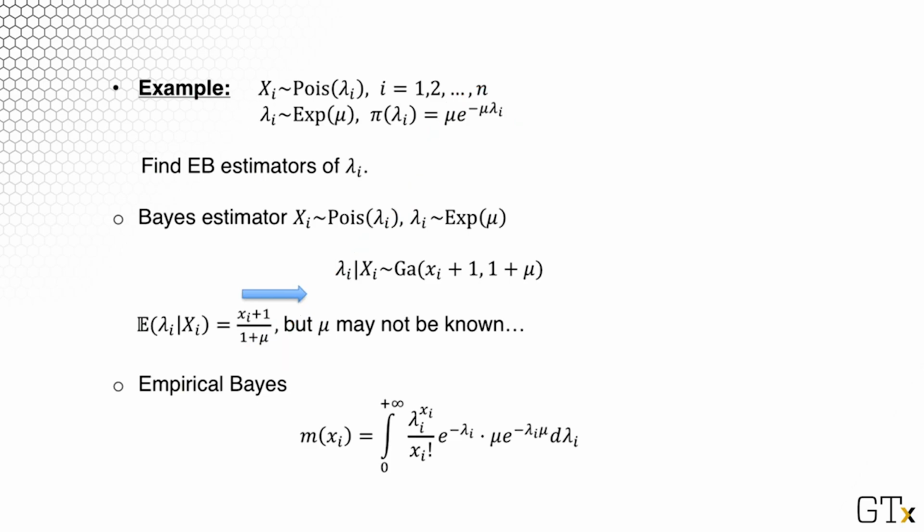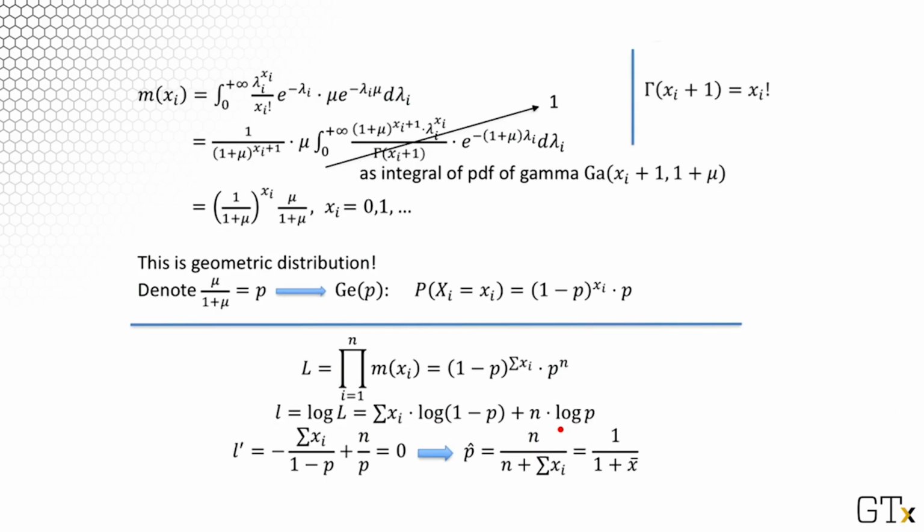The marginal in this case is the usual likelihood times prior, integrated with respect to lambda i, and this integral can be simplified. What I am doing here is putting together these exponents and getting e to the minus 1 plus mu times lambda i. Then I notice that the rate parameter here is 1 plus mu, so I need to divide everything by this expression because I put it in artificially.